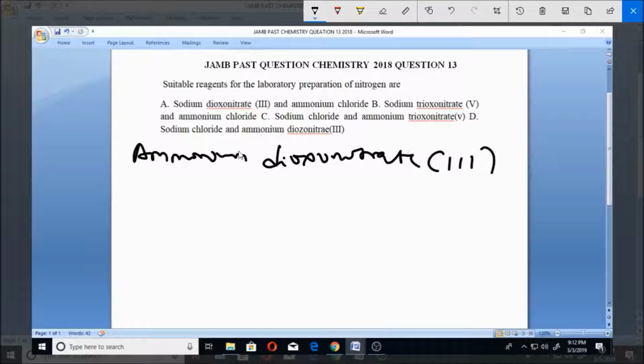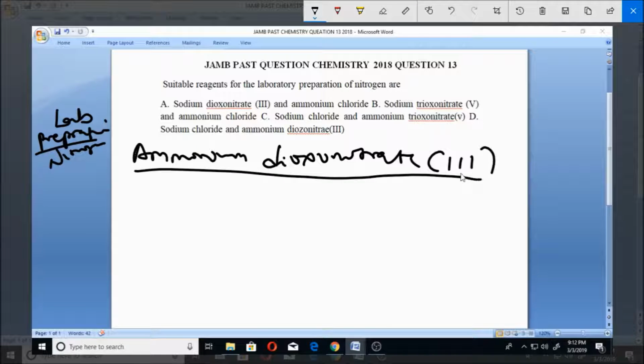So how do we come about this? Like I said, this is the lab preparation for nitrogen, from ammonium dioxynitrate 3. But how does this happen?